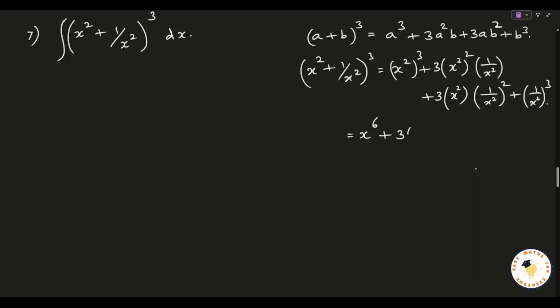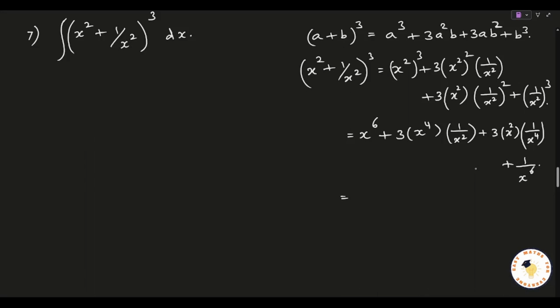plus 3 into x square whole square will be x power 4 into 1 by x square plus 3 into x square into 1 by x square whole square is 1 square by x square whole square, which will be 1 by x power 4 plus 1 by x square whole cube will be 1 cube by x square cube, which will be 1 by x power 6.